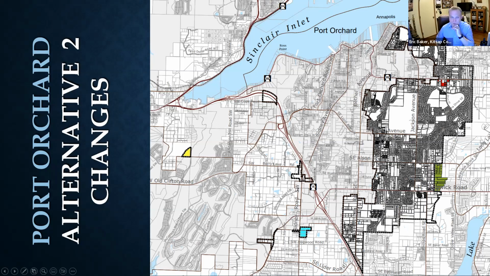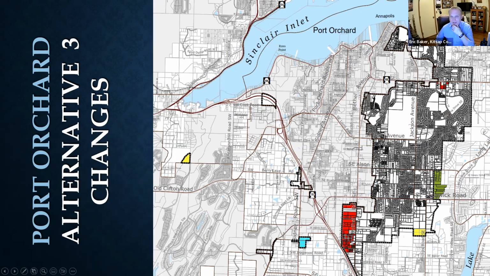There is some additional commercial also proposed in alternative two. Alternative three relooks at the Bethel corridor south of, this is Fred Meyer. So the area south of the highway, south of Sedgwick Road and down Bethel. And instead of residential, this area would become commercial.